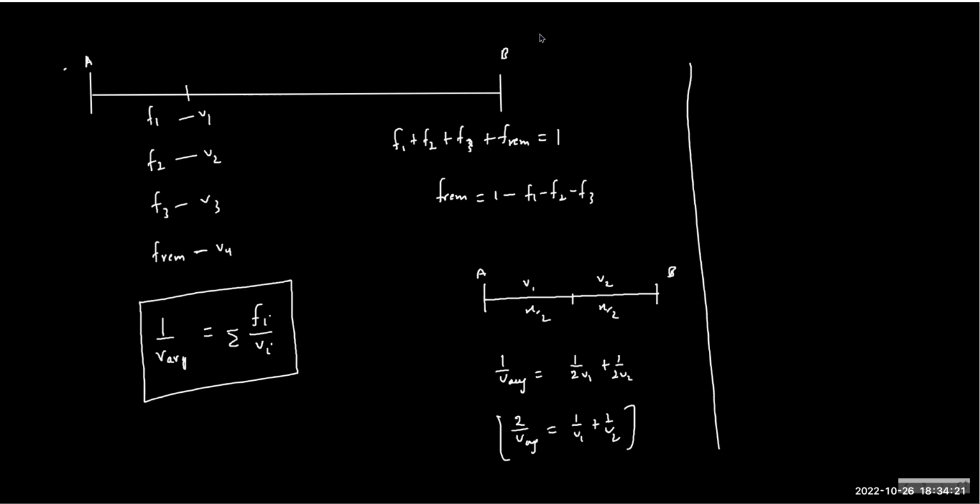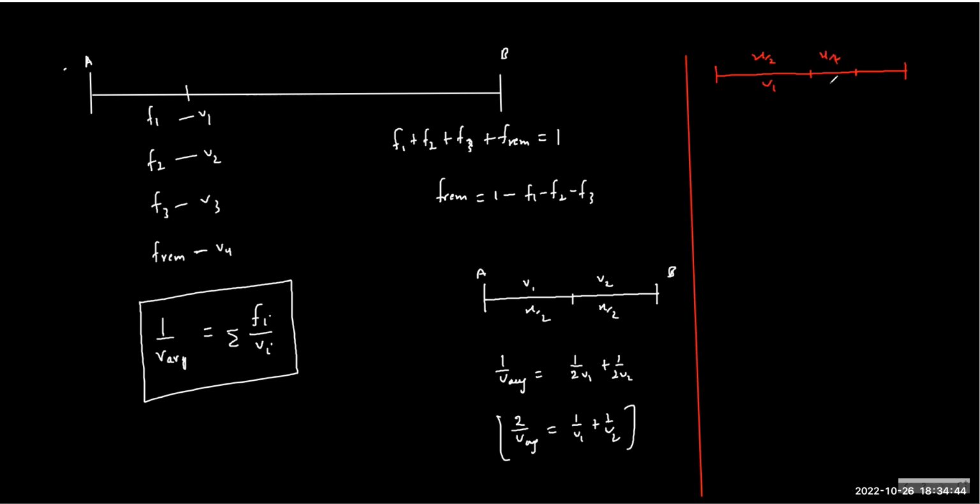So in fact, you can extend this to any number of fractions. Let's say I divide a journey into 3 parts. You travel the first half with V1, then half of half, that is the 1/4, with V2, and again 1/4 with V3. So what will be the average value?